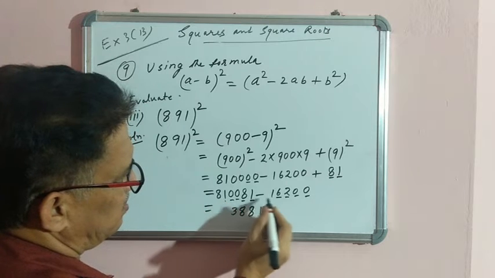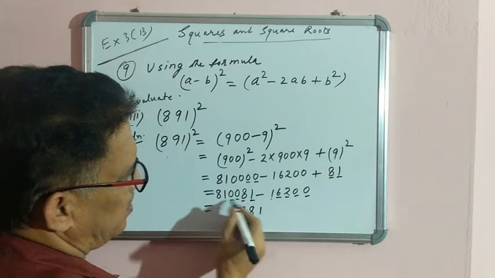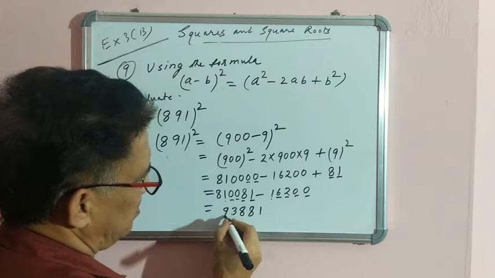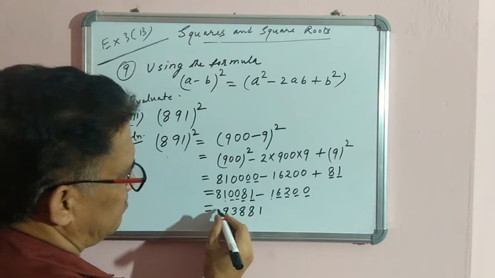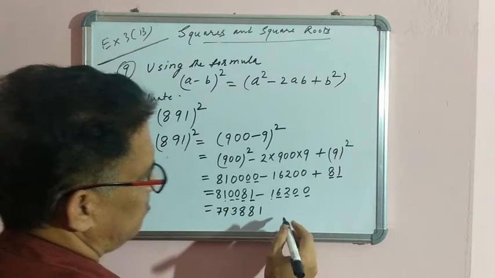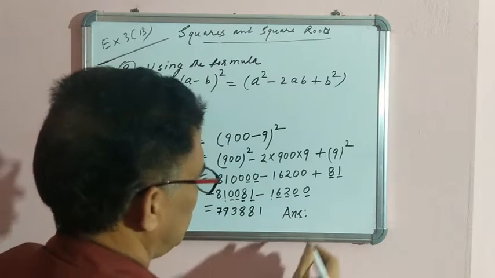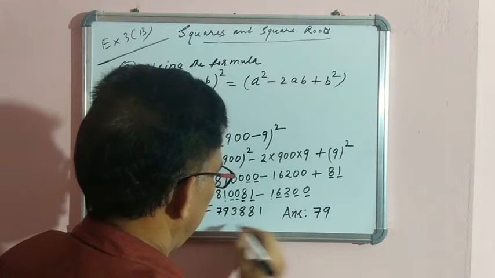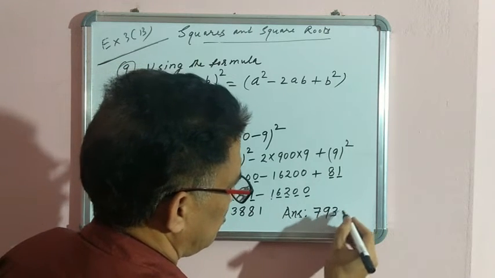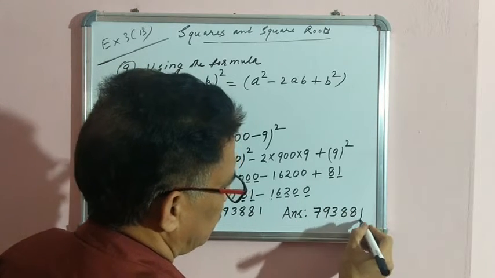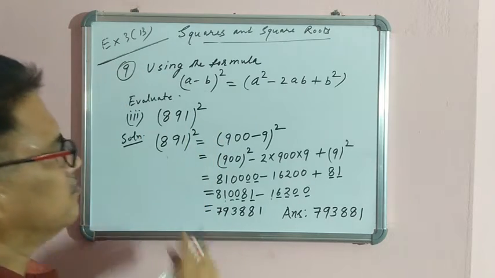So 10 minus 1 is equal to 9, and it is 7. So our answer is 793,881. So this is our answer.